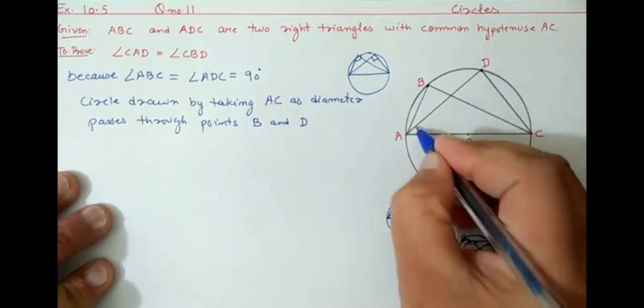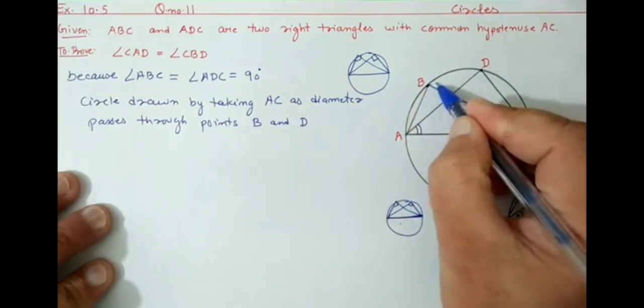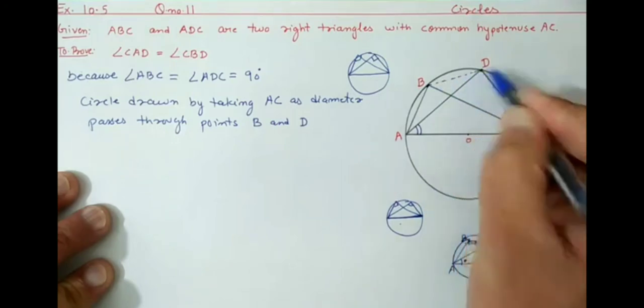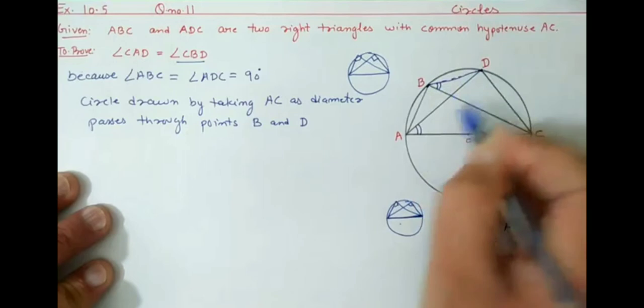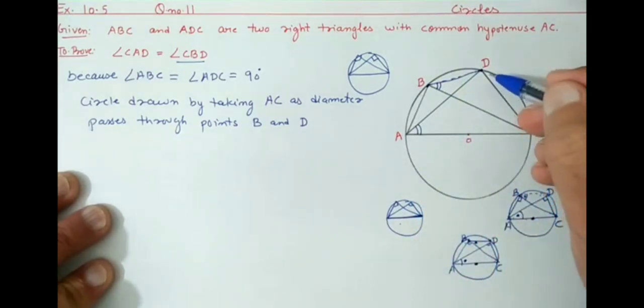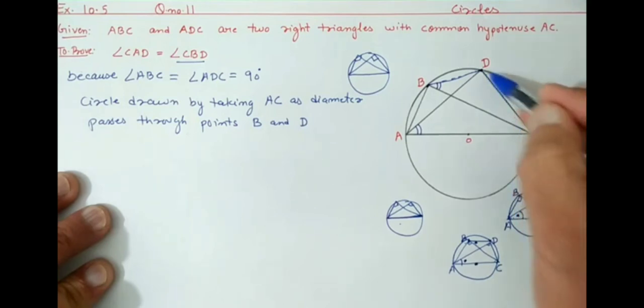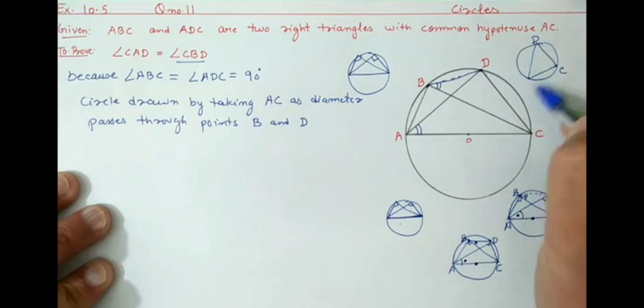Now what we want to show is that angle ACD is equal to angle CBD. So for that we have to join BD. Now you have to focus on CD. CD is the chord, and by the theorem, if the chord CD subtends angles in the same segment like this, then they are equal.